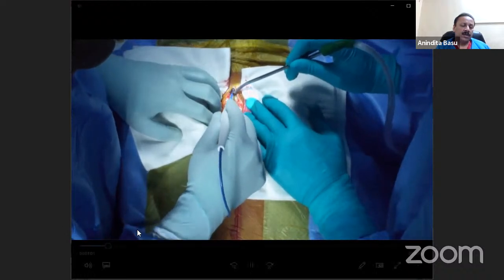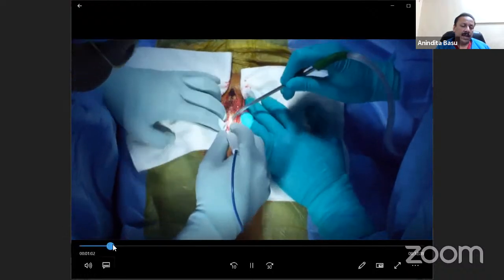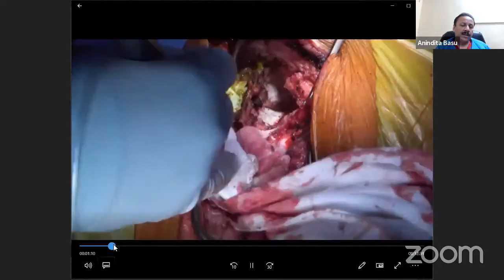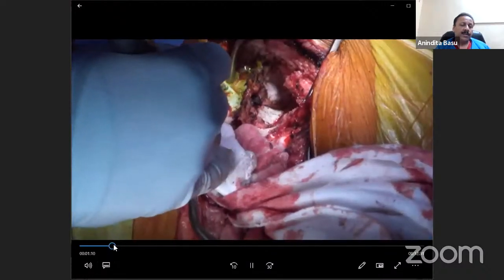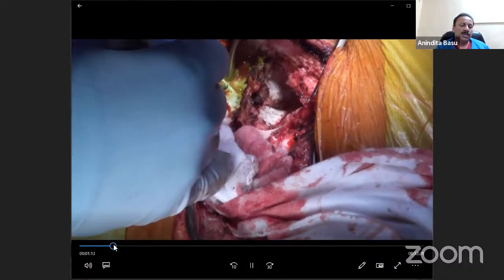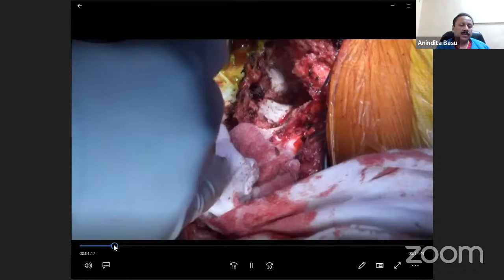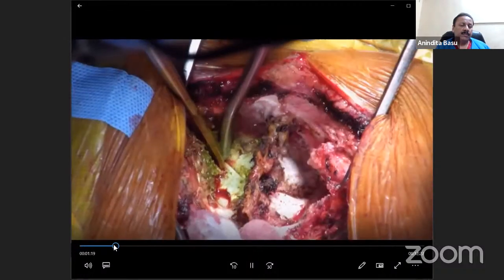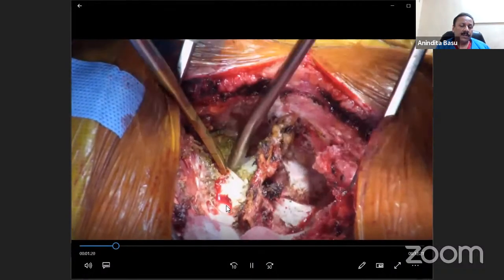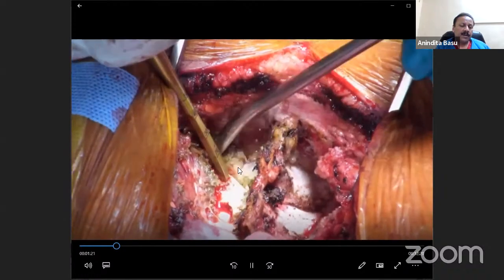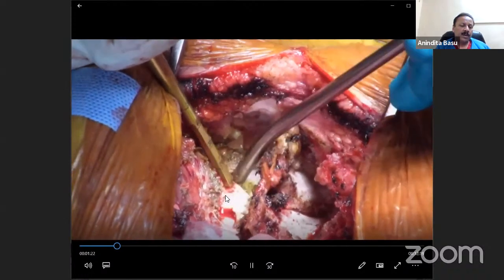That's the exposure going on. And then after identifying the level, this is the first proximal screw, which is T2, which is going in. I'm using a drill bit for the initial entry point. And if you look at it very closely, this is the fascectomy which is done. The fascectomy is never done at this level because this is the proximal level.